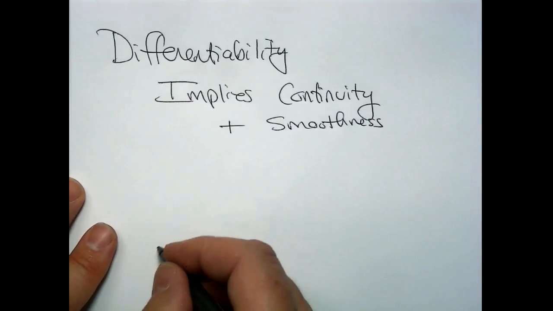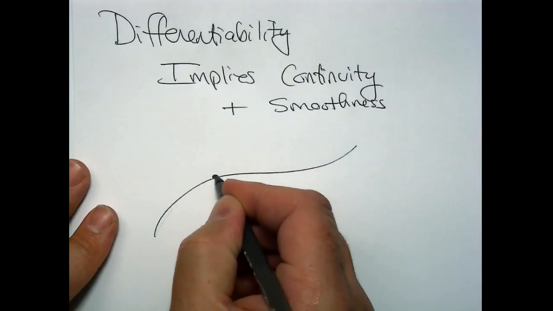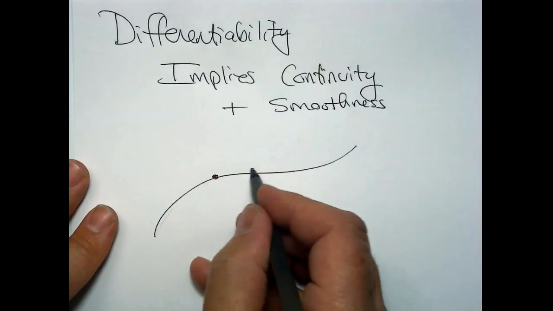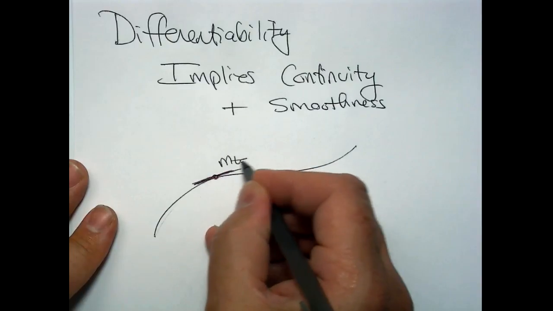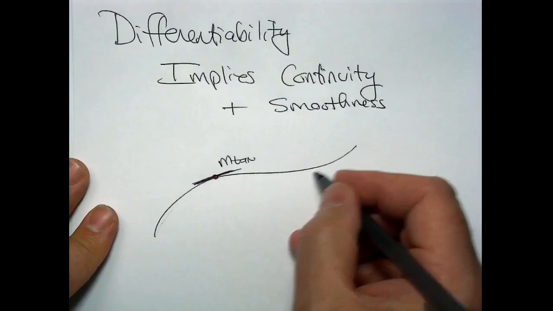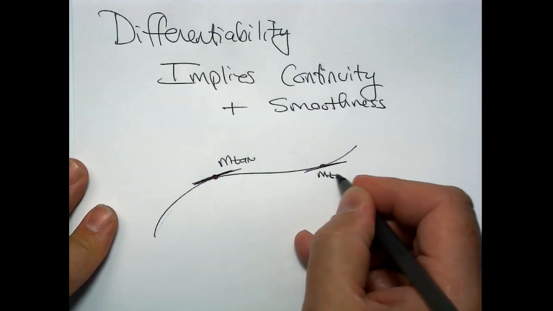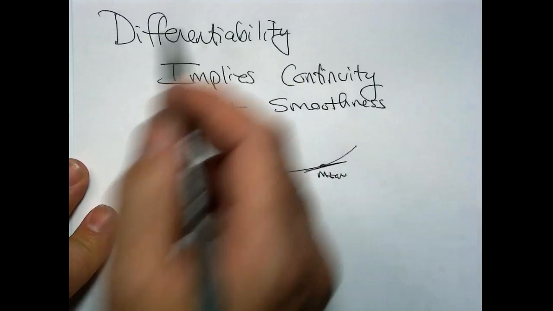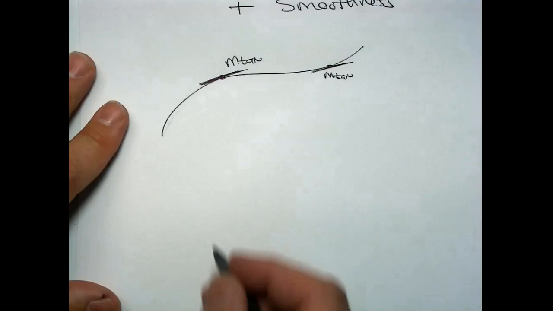So you can honestly look at a curve and determine if it's differentiable. Is it differentiable at this point? Yes, it's continuous and smooth, and yes, indeed, I can balance up a tangent line. I should be able to calculate that slope. Is it continuous and smooth here? Yes, so there's another tangent line there. Differentiability implies both continuity and smoothness.